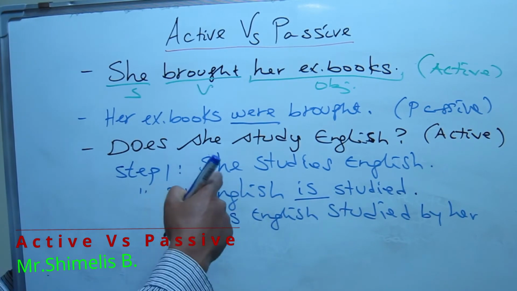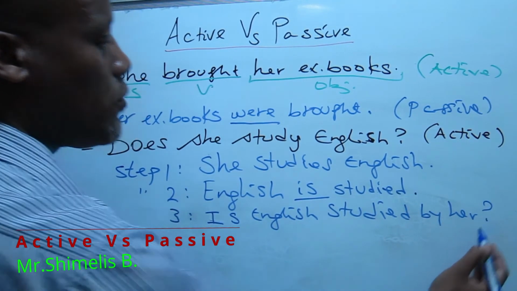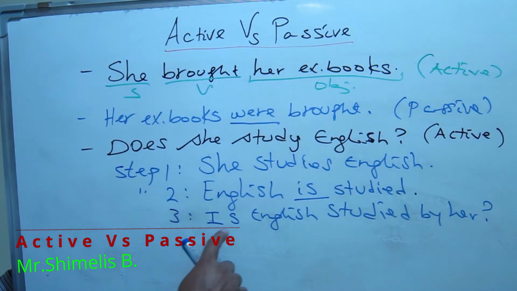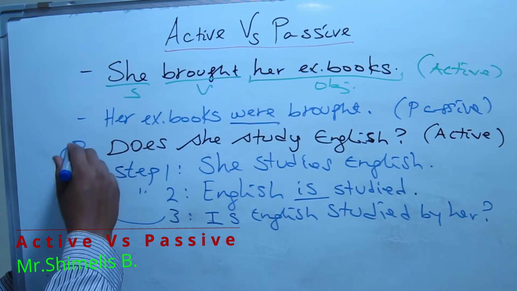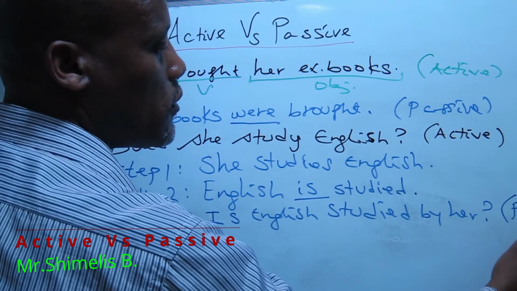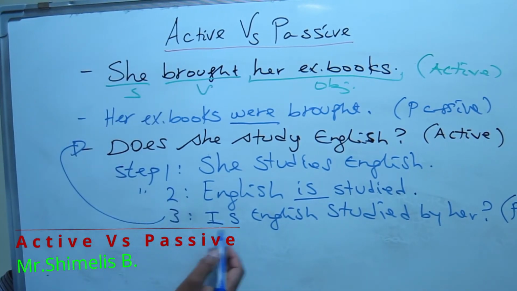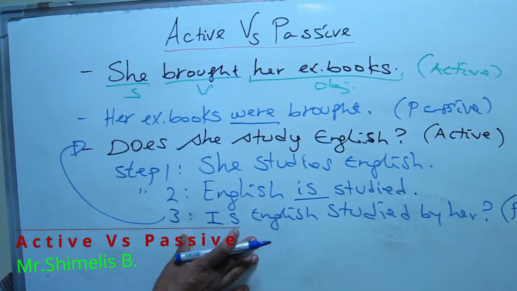Now we change she to her because this time we need it because it is a question. So is English studied by her? That is the passive form for the given interrogative active sentence. So this is the last statement that we use.